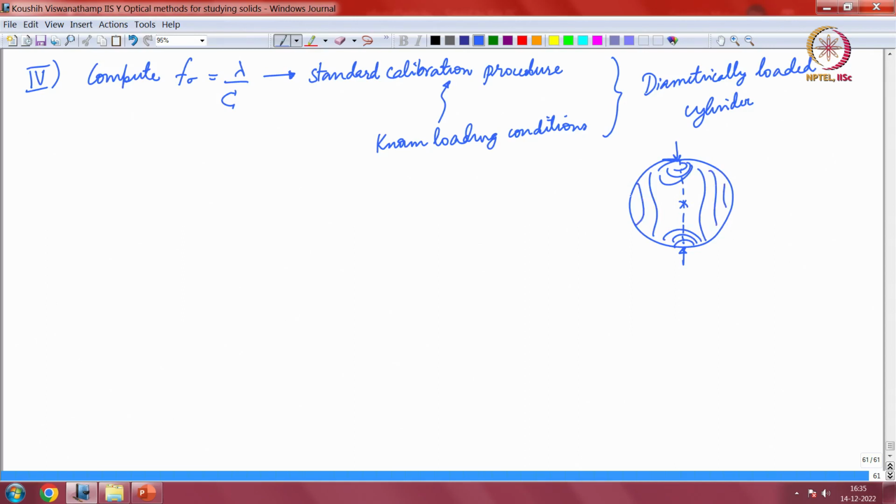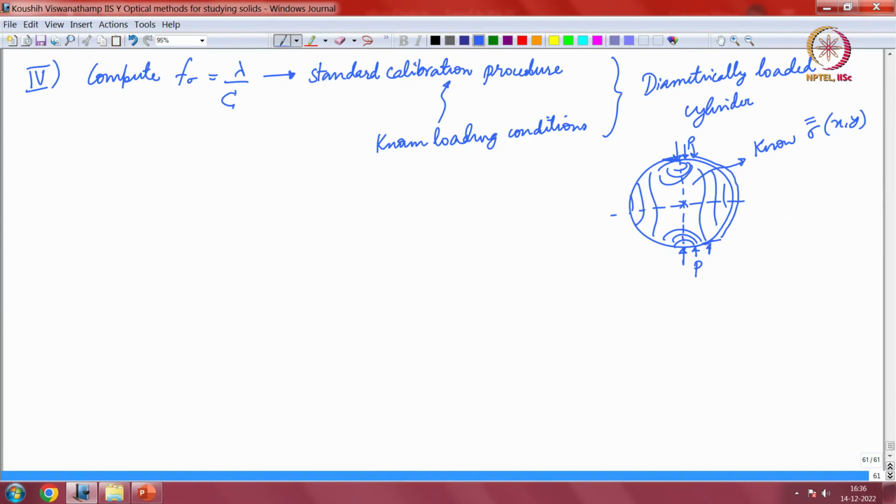I will show you an image of this next week, the next session, and we will actually see how this works. For this loading condition, given a particular load P, you know what the stresses are, you can calculate that from theory of elasticity. Of course, this is 2 dimensional. So, you know the stresses everywhere. You use this at various points inside or at a single fixed point, typically the center, and you fit the f sigma correspondingly. That is what you do.